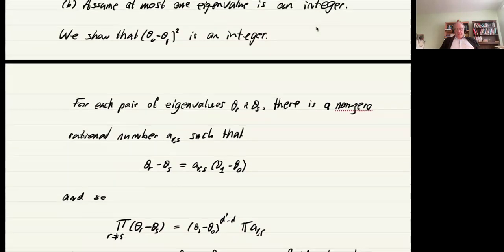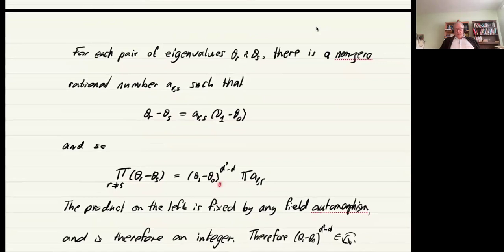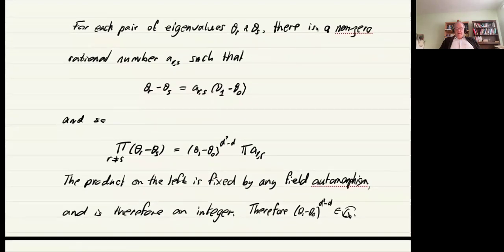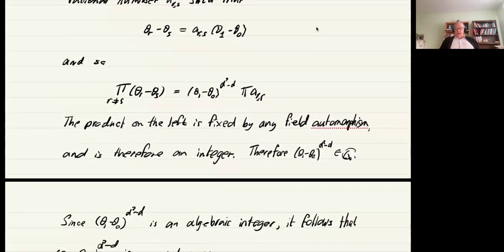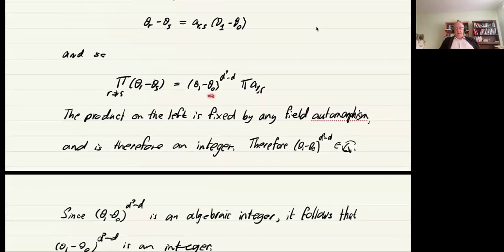And so that means that the left-hand side is rational. And so therefore this is rational. So this power of θ_1 − θ_0 is rational. Now, the other thing to notice is that θ_1 − θ_0 is an algebraic integer, and algebraic integers are closed under multiplication. So this is an algebraic integer, and it's rational, so it's an integer. So we're using non-trivial number theory at two different points.